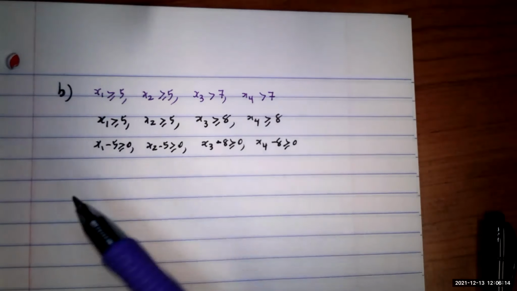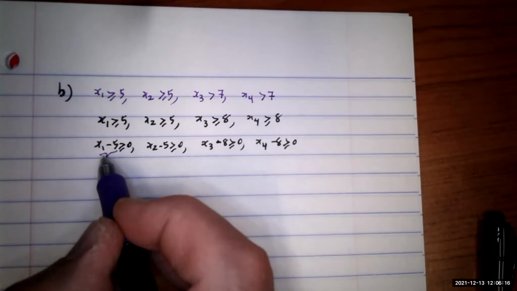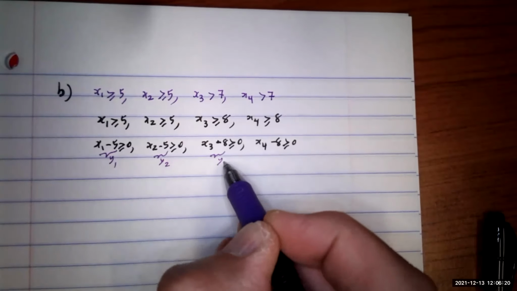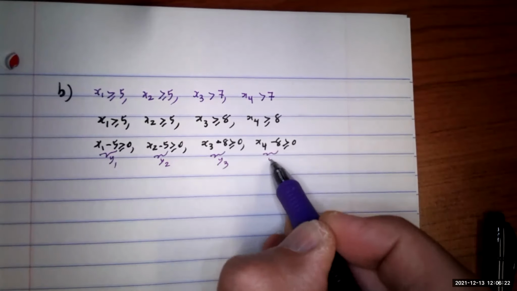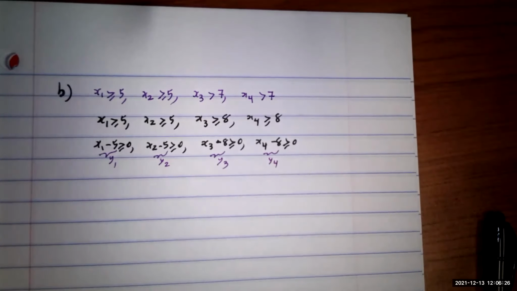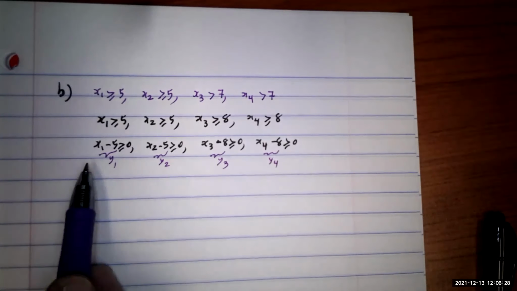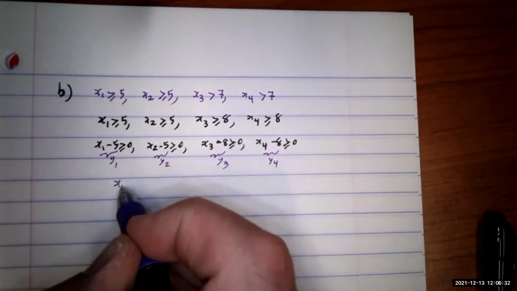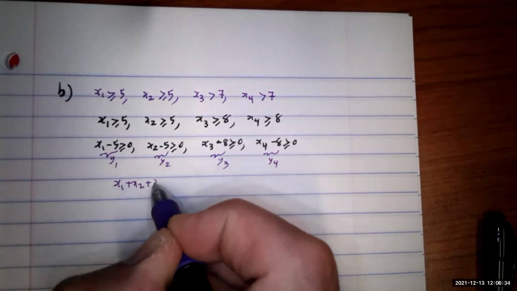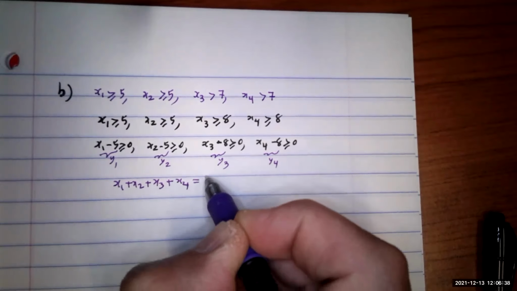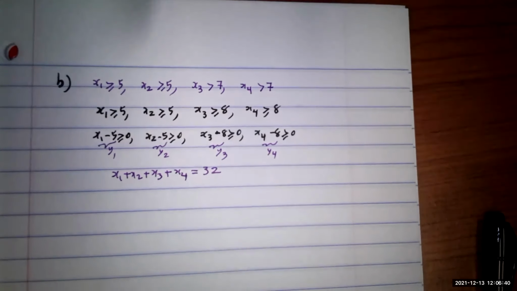So now in the new format, you can call these y1, y2, y3, and y4, because we are interested in the number of solutions, not the solutions. If you go back to the equation that's given to you, you have x1 plus x2 plus x3 plus x4 equal to 32.